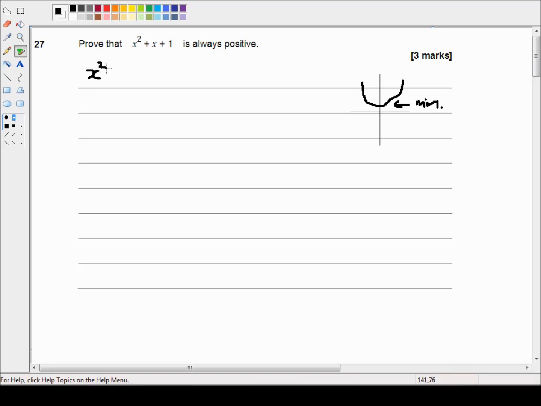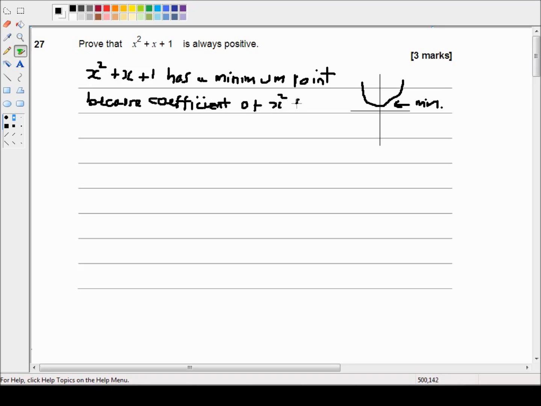x squared plus x plus 1 has a minimum point because the coefficient of the x squared term is positive.